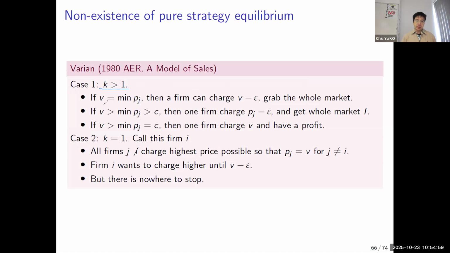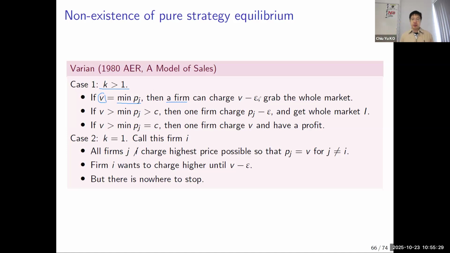So consider three cases. If the lowest price is the highest price, V is high enough, there are two firms, right? That means that everyone is charging the highest price. Then one firm can reduce a little and grab the whole market and basically benefit, right?